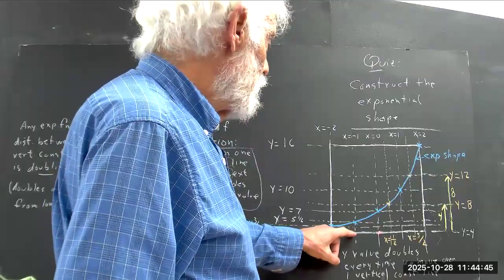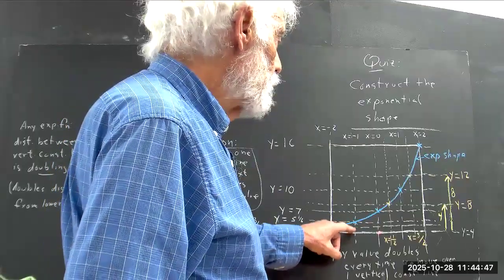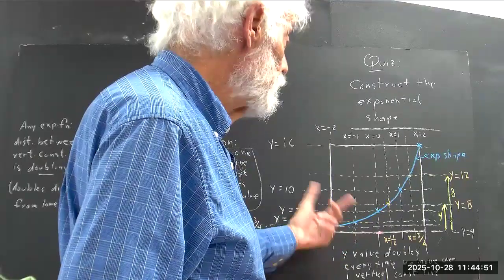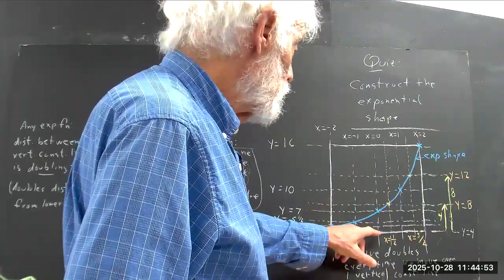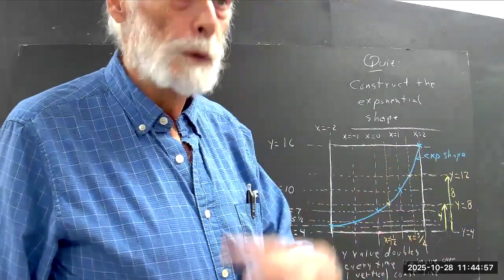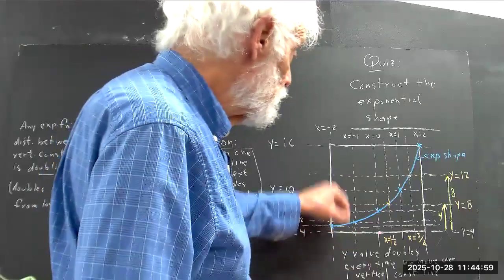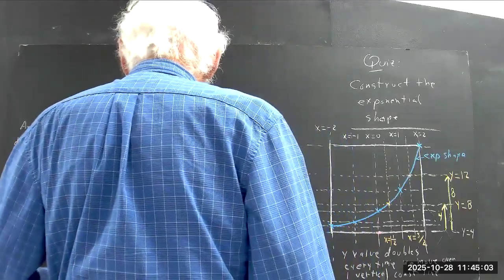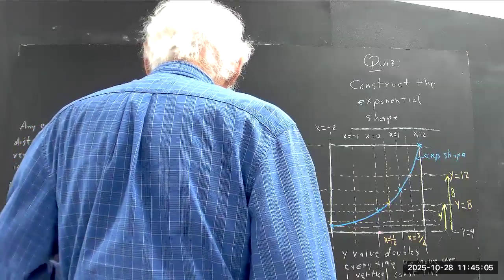But if we look at the distance from the y equals 4 line, the distance from 4 to 5.5 is 1.5. The distance from 4 to 7 is 3, and 3 is the double of 1.5. So our distance always doubles. And we can draw little arrows indicating those doublings.